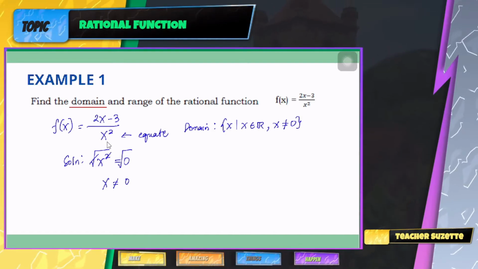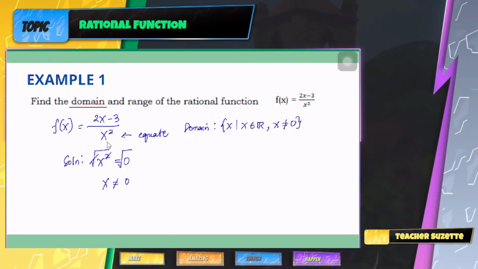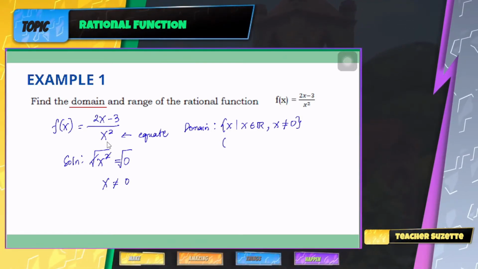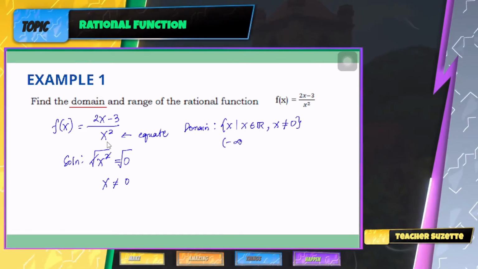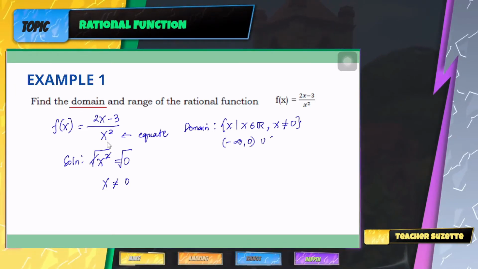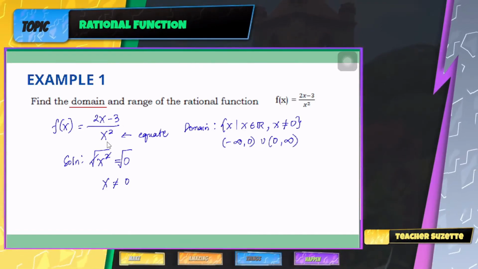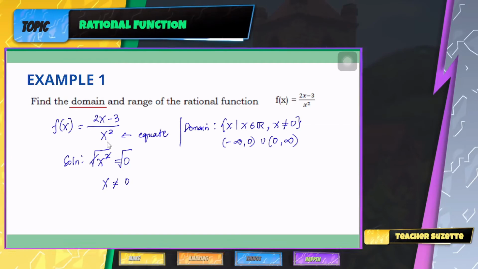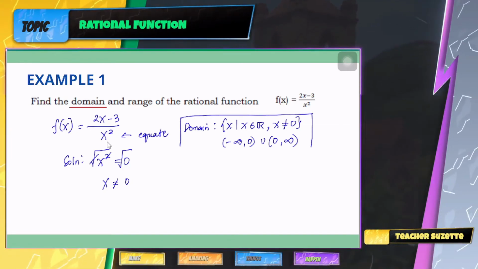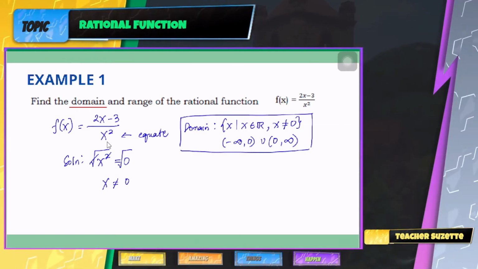That is the restriction of our domain. In interval form, that is negative infinity, comma 0, union 0, comma positive infinity. So this is the domain for our example number 1.